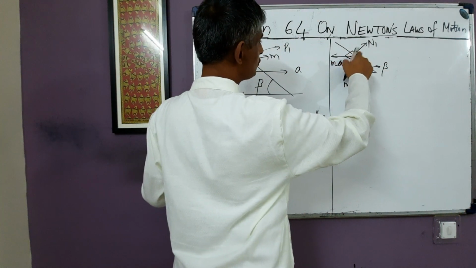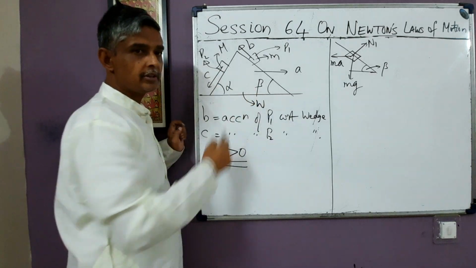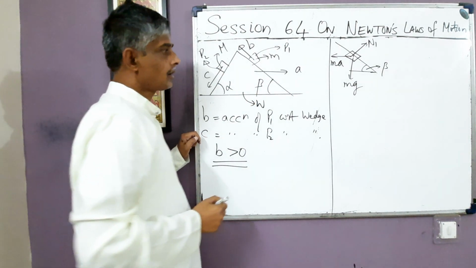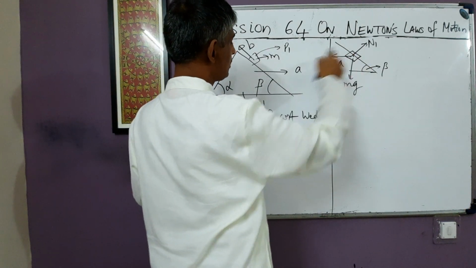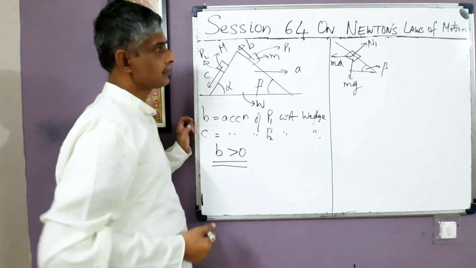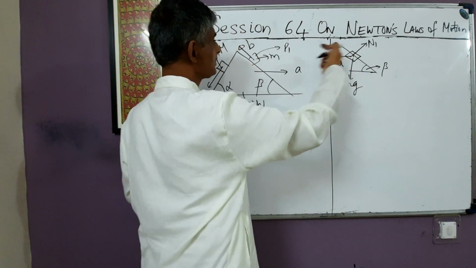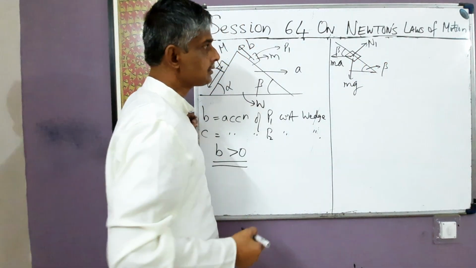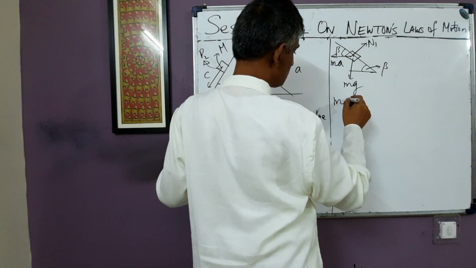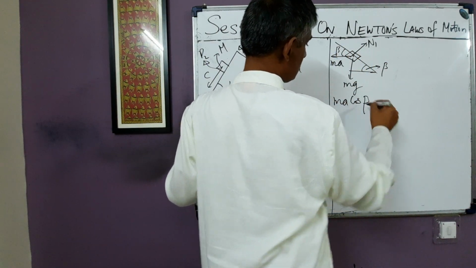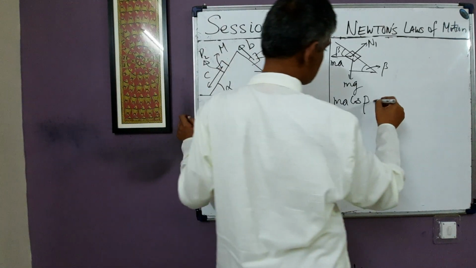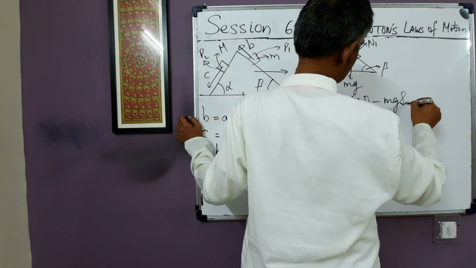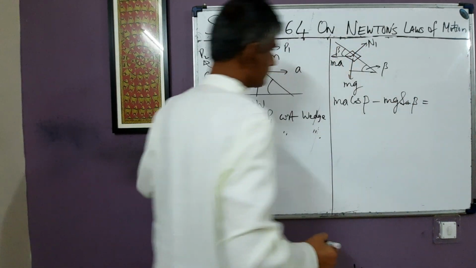Now apply Newton's second law to this block up the incline with respect to the wedge. Since they are accelerating upward, this angle is also beta by corresponding angles. So what do you write here? mA cos beta minus mg sin beta.